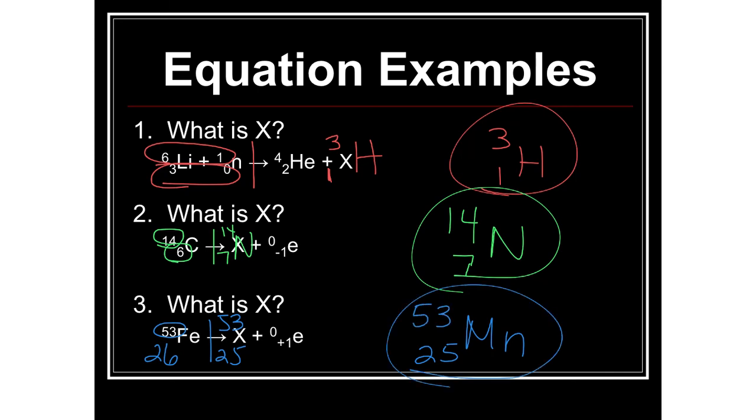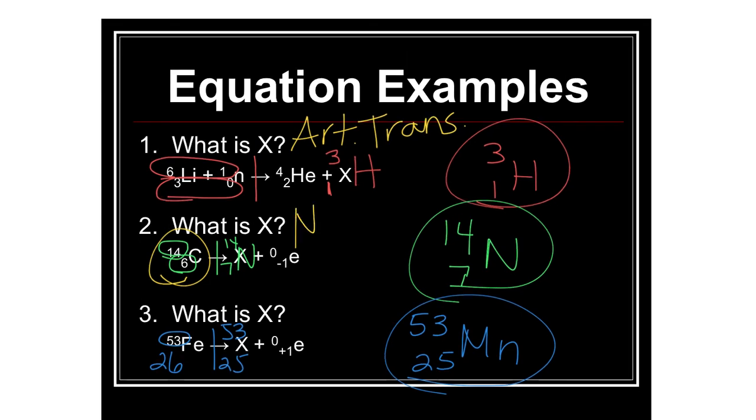Now, one last thing I want to do is identify these 3 equations as either an artificial or a natural transmutation. So, easiest way to do that is see how many reactants we have. So in number 1, we have 2 reactants. Therefore, this would be an artificial transmutation. Okay, number 2, we only have 1 reactant.